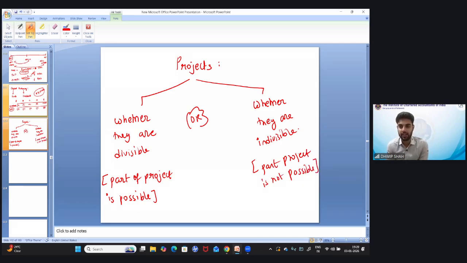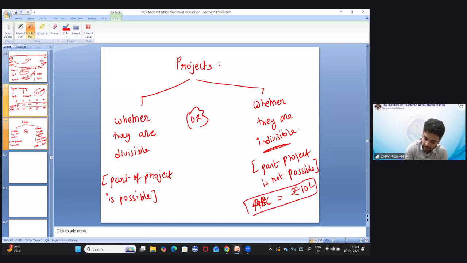In other words, it means if the project is indivisible, then you have to take the entire project. Let's say there is a project called ABC. Its cost is 10 lakhs. So if you want to take project ABC, you would need 10 lakhs, because a part of ABC is not possible.